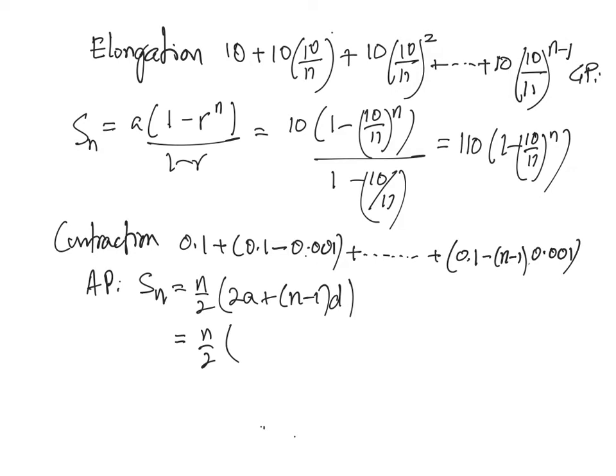The first term is 0.1, so 2a is 0.2 plus n minus 1. The common difference is negative 0.001.